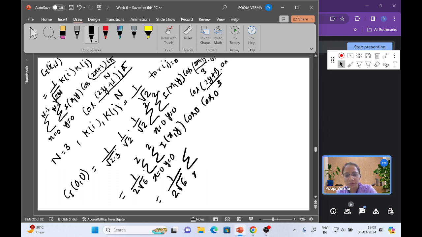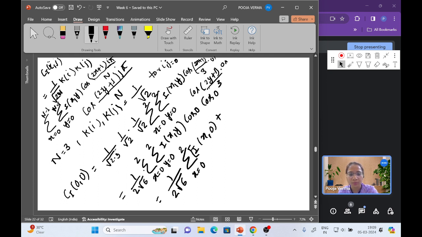Let's take the summation one by one. So x varies 0 to 2. First we are taking the internal summation, that is for y equal to 0 to 2. So it is the summation of all the components. So x is constant, so x will be x only.